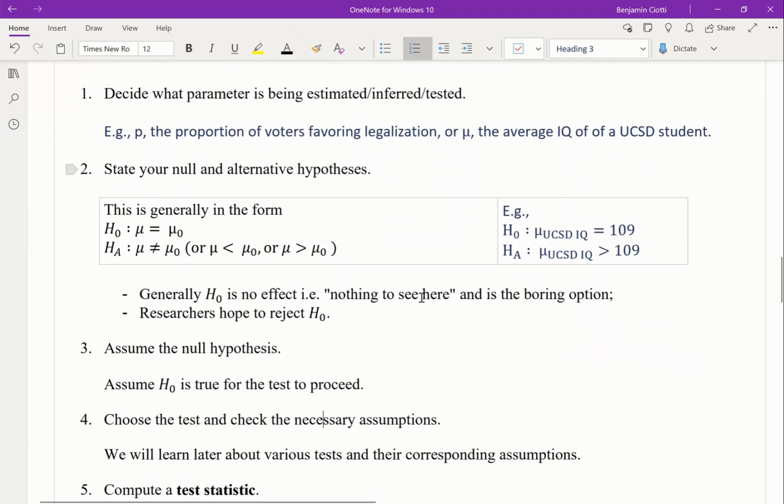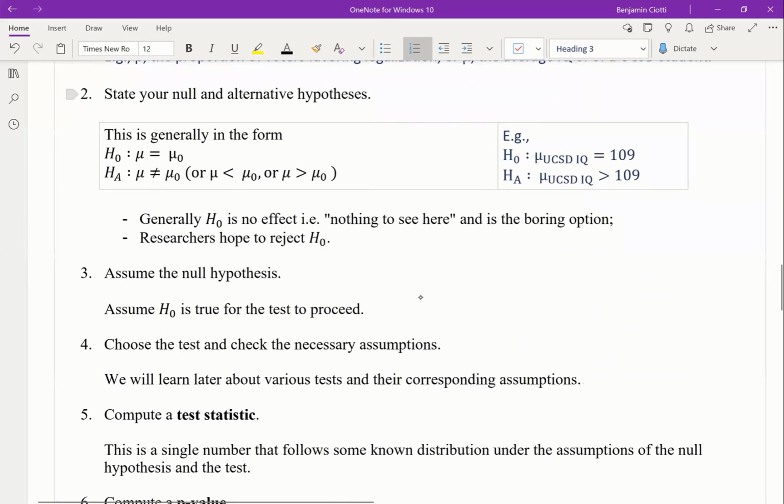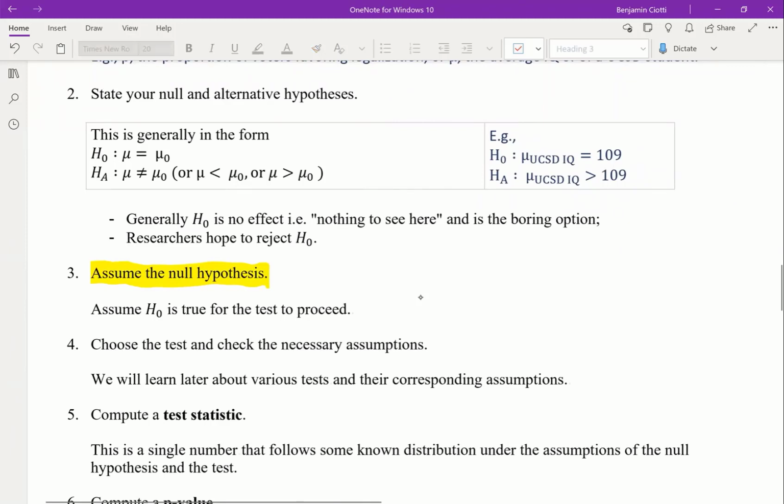In order to proceed with hypothesis testing, you assume that the null hypothesis is true. Now, this can be kind of weird, especially if it's not true. So you're assuming something that is quite possibly likely to not be true, but that's the point. You're later on going to derive some contradiction, or at least derive some results that are highly unlikely under this assumption.